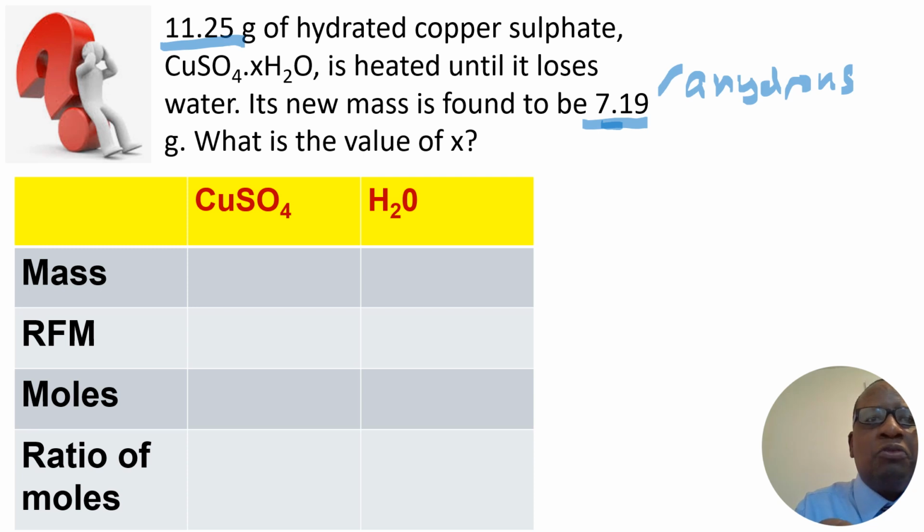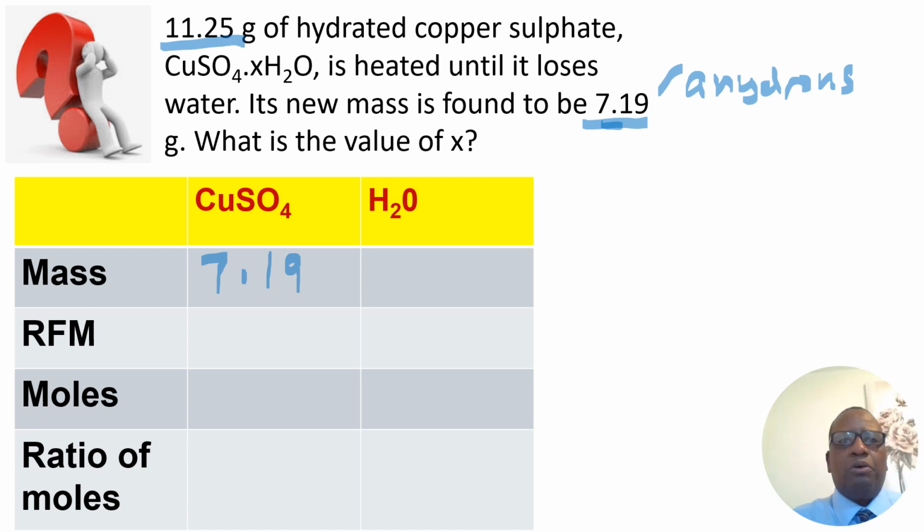This is the copper sulfate plus the water, that's 11.25. So we know the mass of the anhydrous, it's 7.19. So we've got to work out the mass of the water. We say 11.25 minus 7.19, we get 4.06.